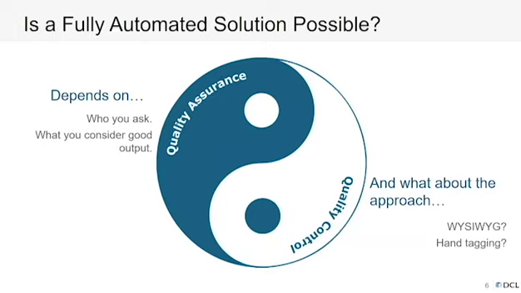In order to determine what's the right answer, you also need to ask the question, how do you define the matrix of whether a conversion is successful or not? Does it mean that if files were validated, they're considered good quality? If you take legacy data and try to fit it into S1000D using the so-called fully automated process, you may get files that are validated against the schema, but you'll probably lose most of the benefits of S1000D.